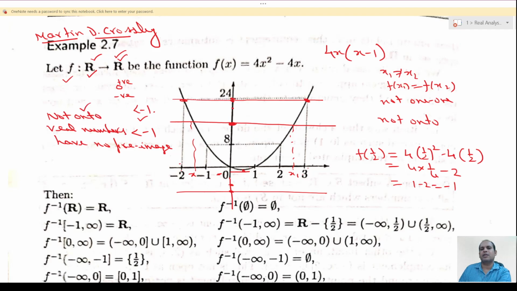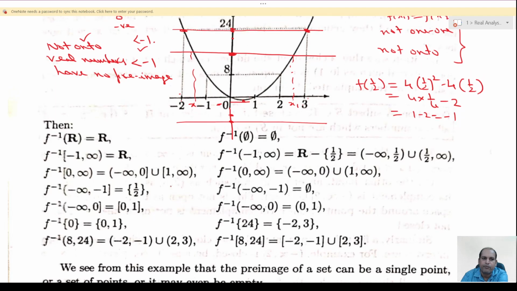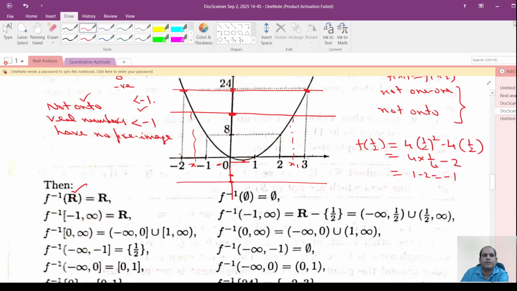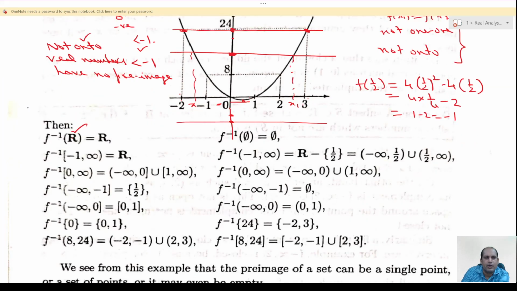So this one is an example of a map which is neither one-one nor onto. But still we can talk of the set-theoretic inverse. You can see that here it is already solved that the set-theoretic inverse of R is whole R. Why? Because as per definition, recall what we mean by set-theoretic inverse.